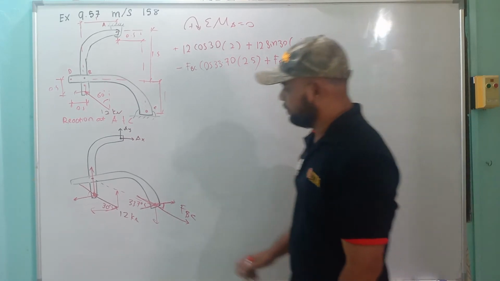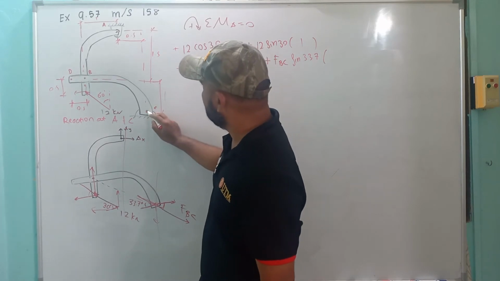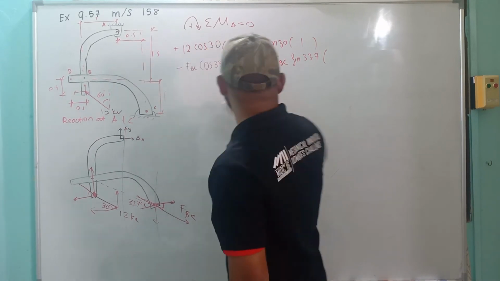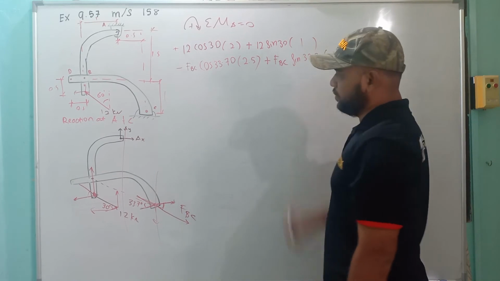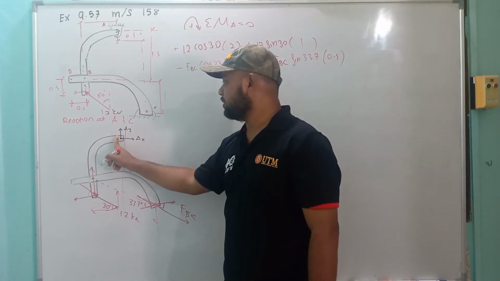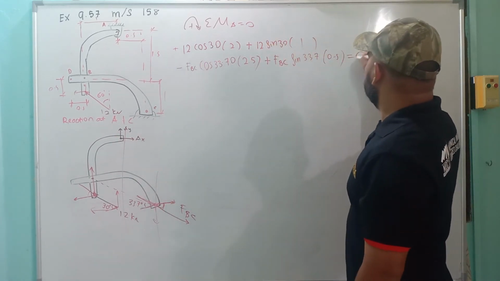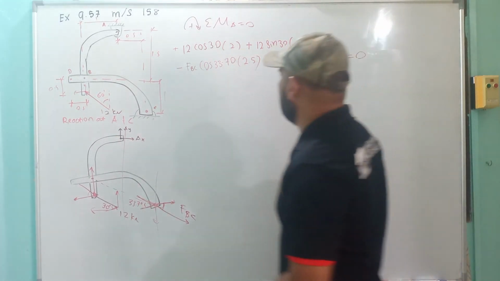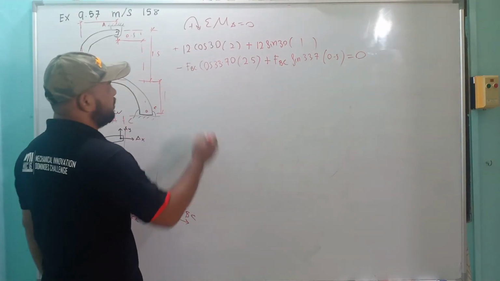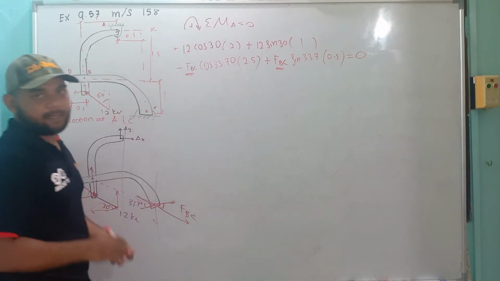The distance from line to second line is 0.5. The one on the point has distance 0, equal to 0. So from here you have one equation with only one unknown, FBC.